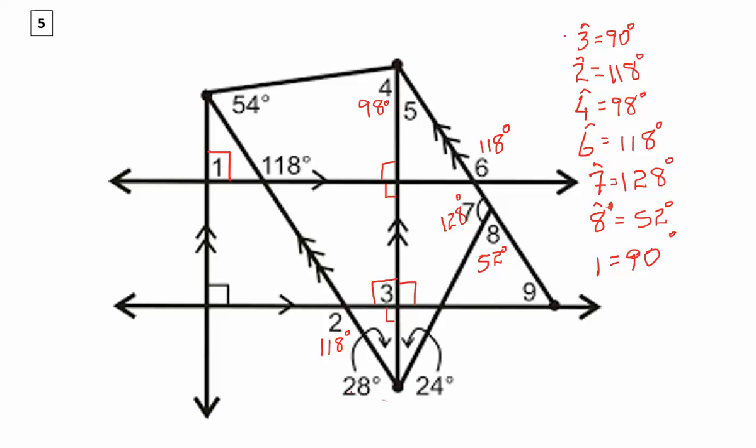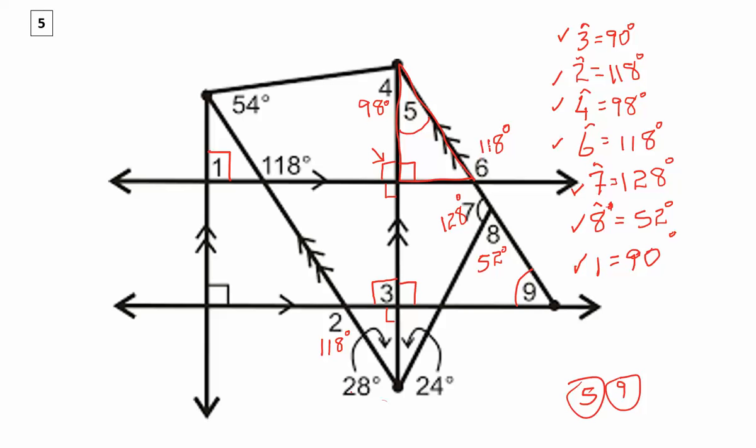2, 1 is done, 2 is done, 3 is done, 4 is done. We need to find angle 5. 6 is done, 7 is done, 8 is done, and 9, we still need to find those two angles. So we need to find this one, and we need to find angle 5. All right, looking at angle 5, we can see it's within a triangle here. We know that that is 90 because this is 90.